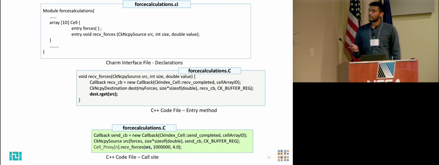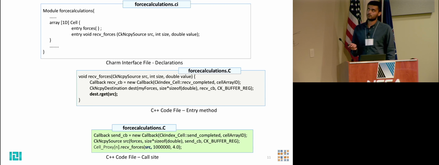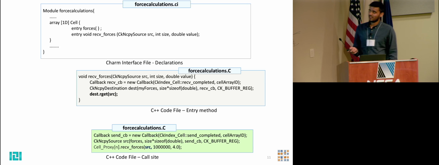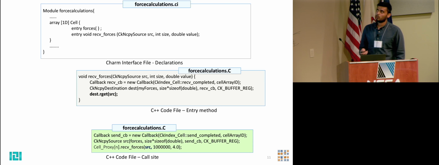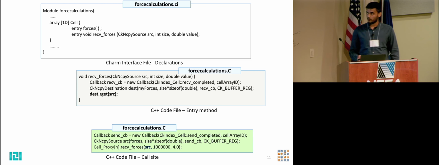Okay. So in the case of direct API, instead of the runtime doing it behind the scenes, the user has more control, as I mentioned. So we have objects like ck_no_copy source and ck_no_copy destination, which represent source and destination buffer information.